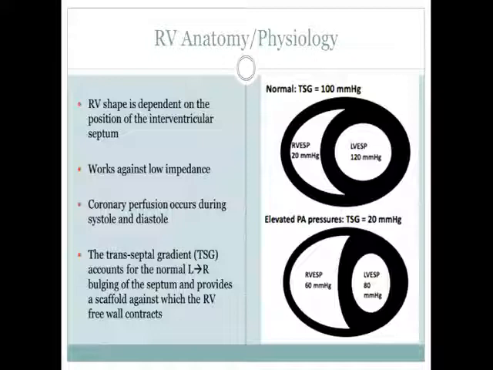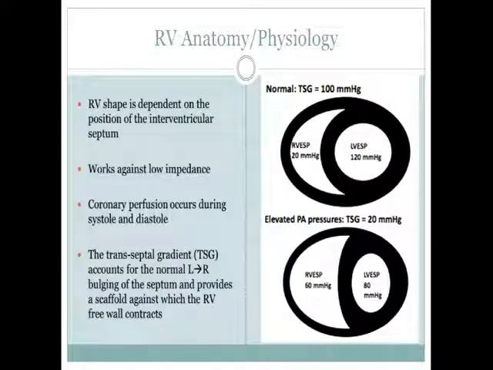I'll just touch on this quickly because I feel like I'm repeating myself a little bit, but in terms of RV anatomy and physiology, we all know that the RV is thin and crescent-shaped in cross-section.